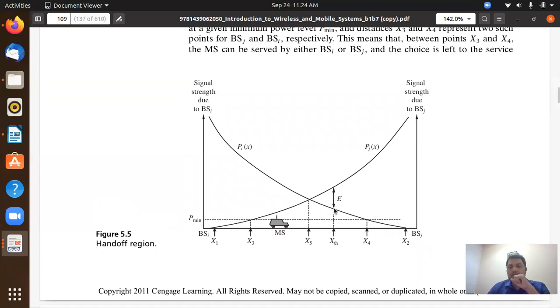At both these points, the power is maximum due to base station I at x1, and due to base station J at x2. Now there is a mobile station which is moving towards base station J. So at x3, suppose your mobile station is starting.